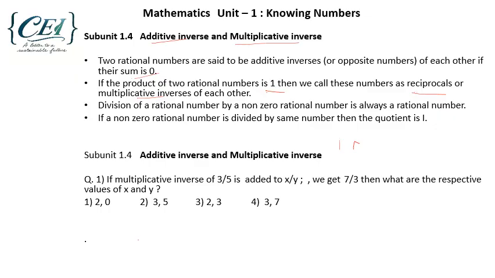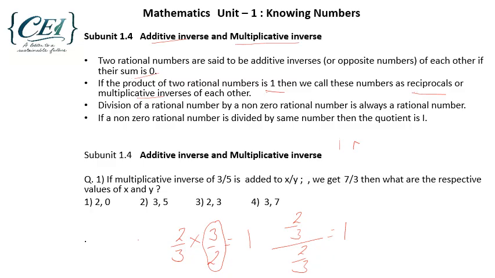Example, if the rational number is 2 by 3. 2 by 3 is multiplied by its inverse 3 by 2. Answer is 1. So 3 by 2 is a reciprocal or multiplicative inverse. Same thing, if 2 by 3 is divided by 2 by 3, answer is 1.